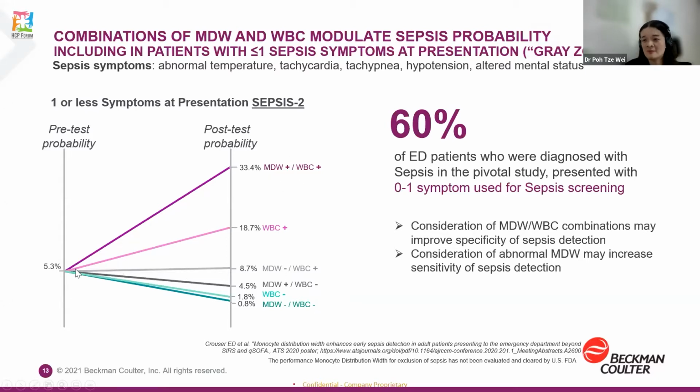So you can see here, for example, the patient comes in with a pre-test probability, so before having the results, of 5.3%. With a normal MDW and a normal white blood cell count, or even just a normal white cell count, with no MDW information available, there's almost a 0% probability of the patient developing sepsis.